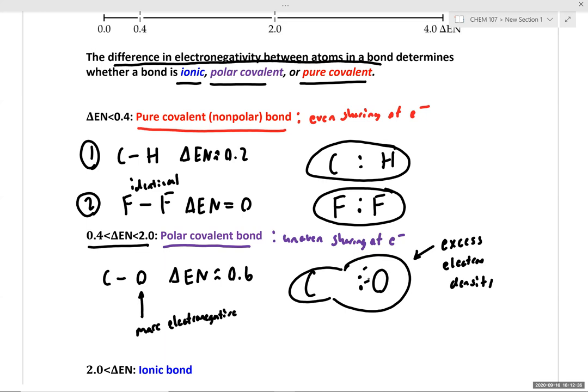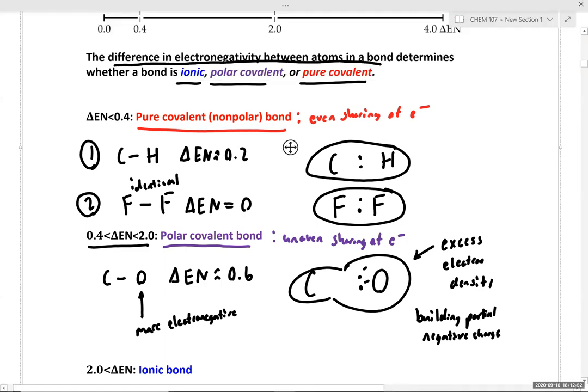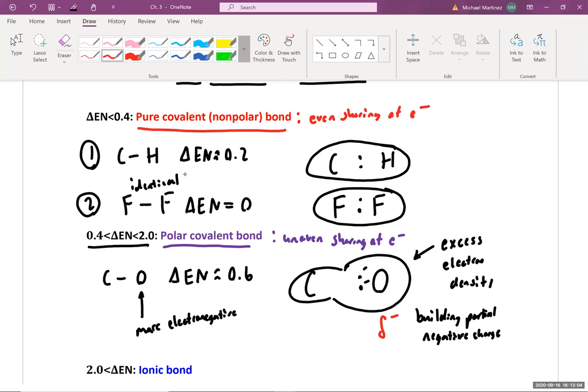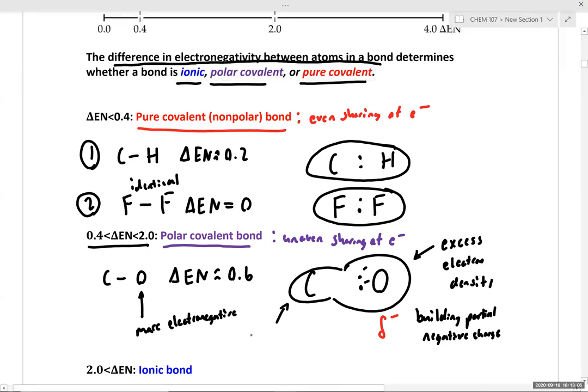So then, because we have excess electron density, we end up building a partial negative charge. So our oxygen starts to gain a partial charge because it has excess electron density. Likewise, our poor carbon atom is electron deficient.